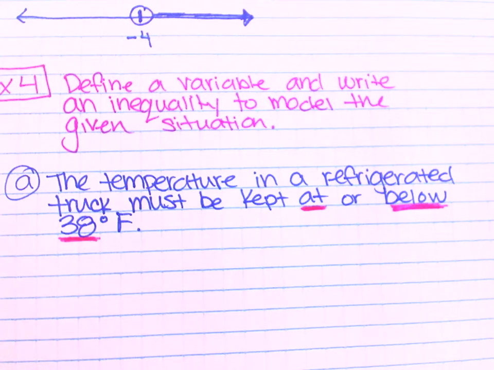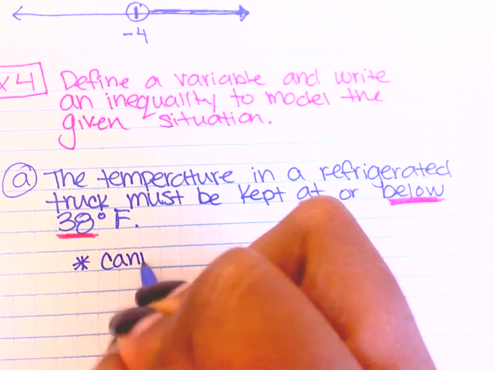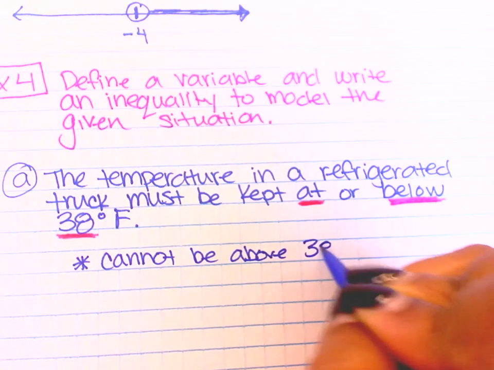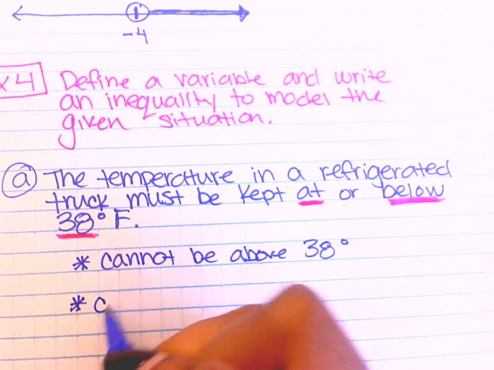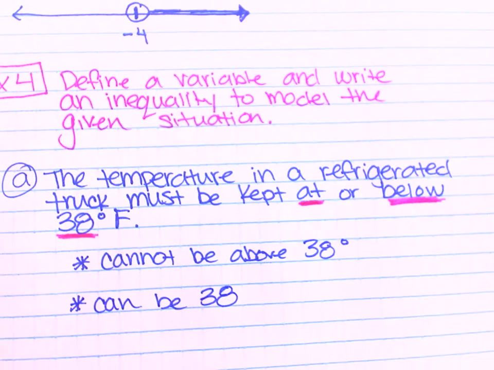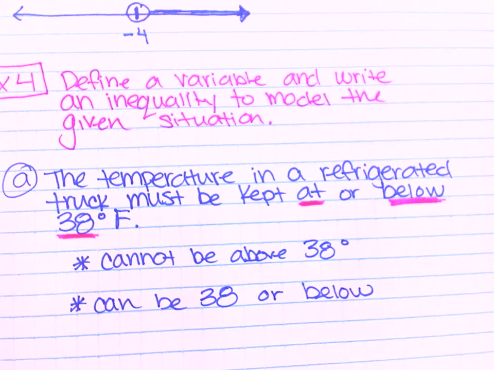So if I were to think out my problem, I would say, okay, it cannot be above 38 degrees, because it says below. We know that. But it can be 38 degrees, because it says at, or below. I know that means less than.